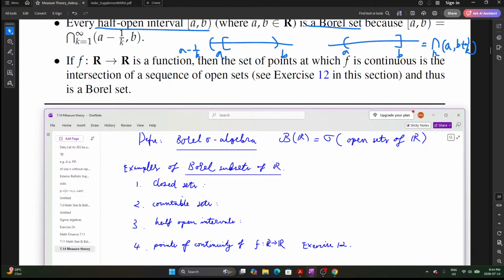Okay. So yeah. If F is closed, usually F is used to denote a closed set, then R minus F is open. Okay, countable sets.